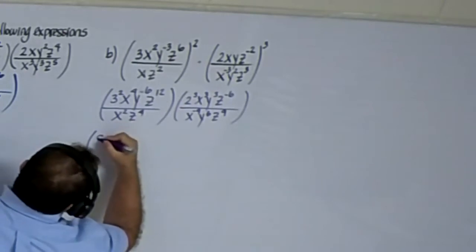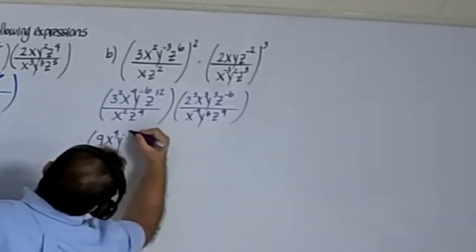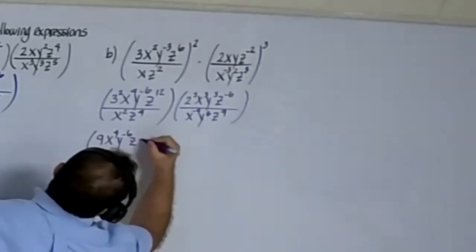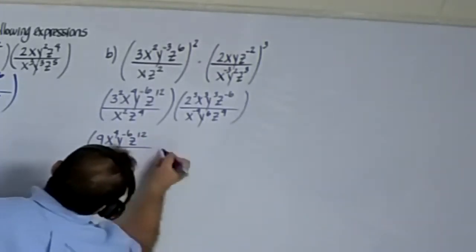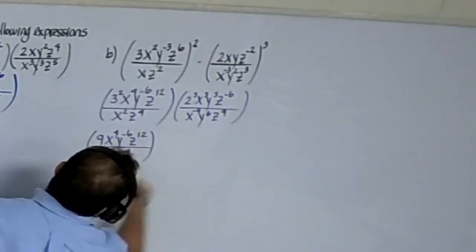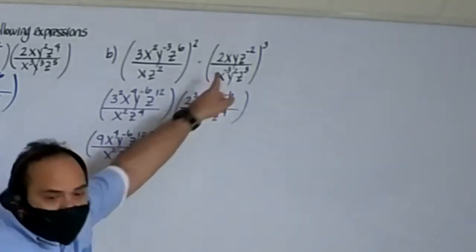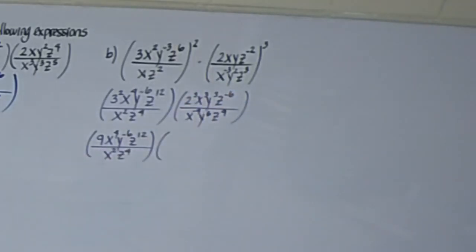3 second power, 9, x4, y the negative 6, z 12 over x squared z 4 power, multiplying by 2 at third power. This is not going to be 6.